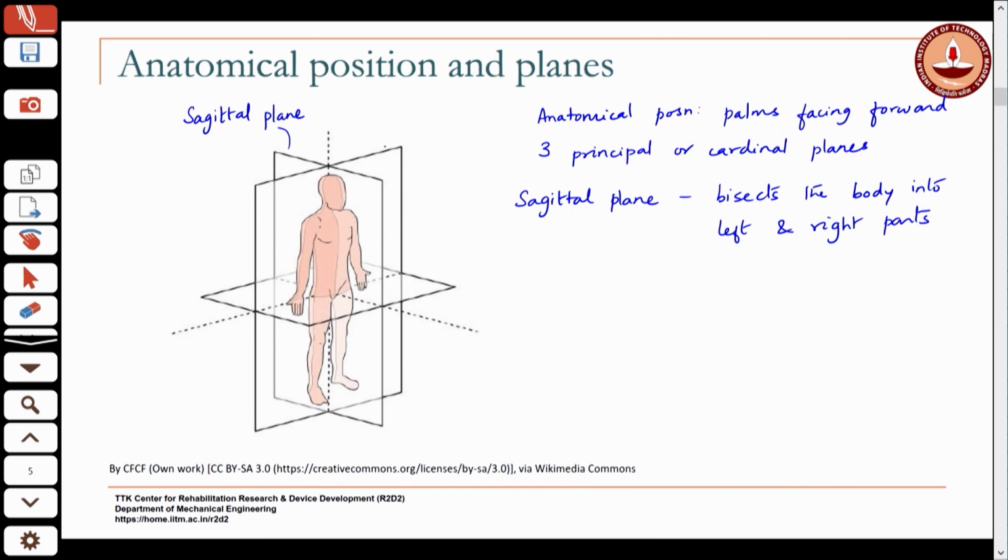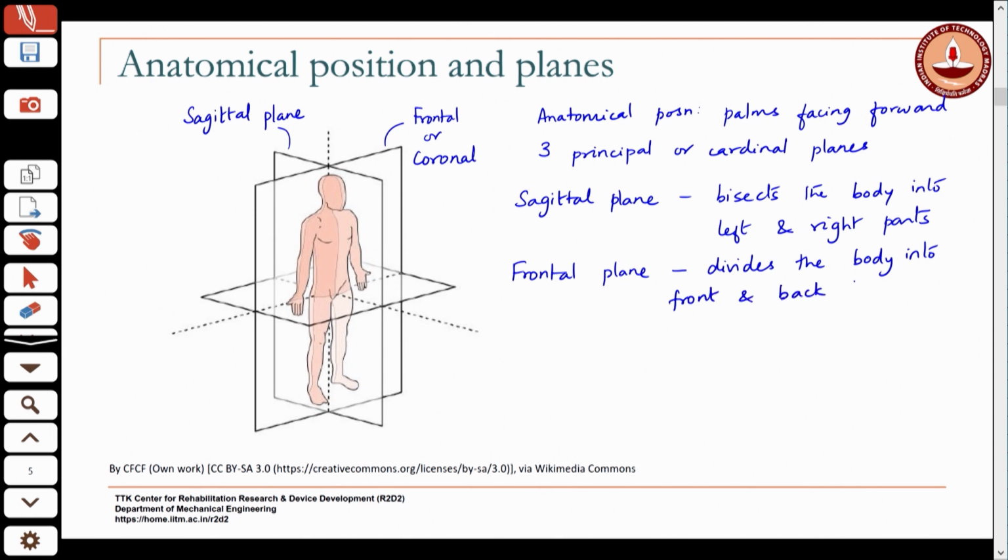The frontal plane, also known as the coronal plane, divides the body into front and back halves.